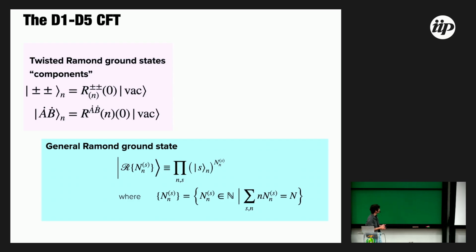You can take the field and apply it on a vacuum, and you create a state by the operator-state correspondence of 2-dimensional CFTs. Every operator in a CFT in 2 dimensions can be thought of as a state in a Hilbert space.